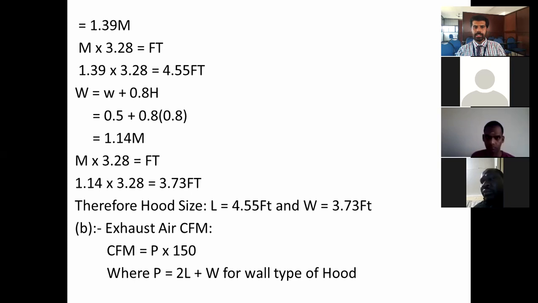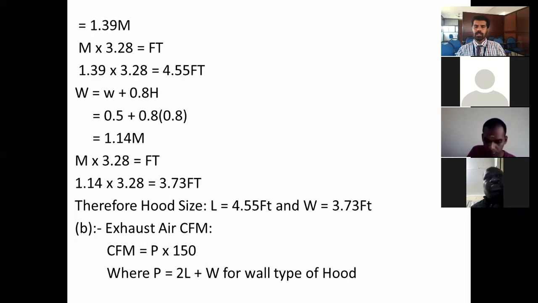So when you are writing this down, you just understand it and write, okay? The first step is that we are finding the kitchen hood. The formula for length is small l plus 0.8 into height. Give that value and find it in meter, then convert it into feet. In the same way, the width of the kitchen hood, the formula is capital W is equal to small w plus 0.8 into h.